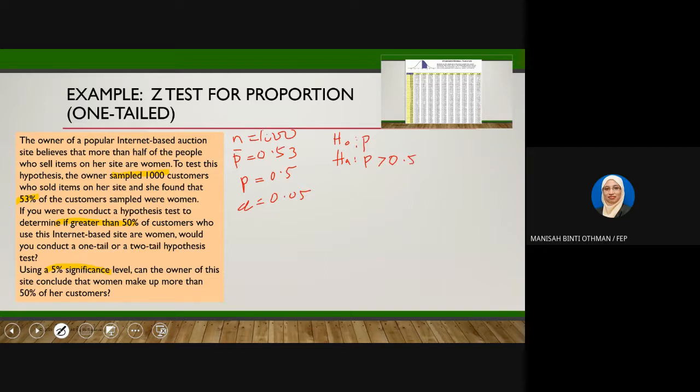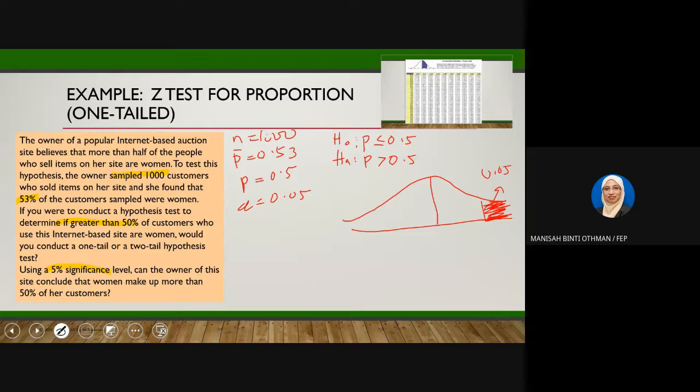The opposite, the null, is p less than or equal to 0.5. 50% is 0.5. Is it lower tail or upper tail? It's upper tail.